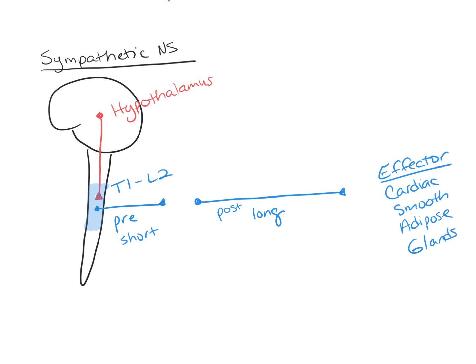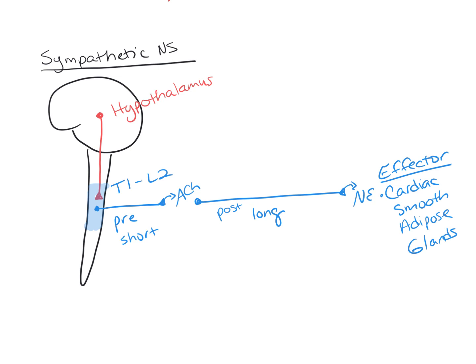Now let's look at the neurotransmitters. With the sympathetic nervous system, the preganglionic neuron will release acetylcholine. Acetylcholine then stimulates the postganglionic neuron, and then the postganglionic neuron releases the neurotransmitter norepinephrine.